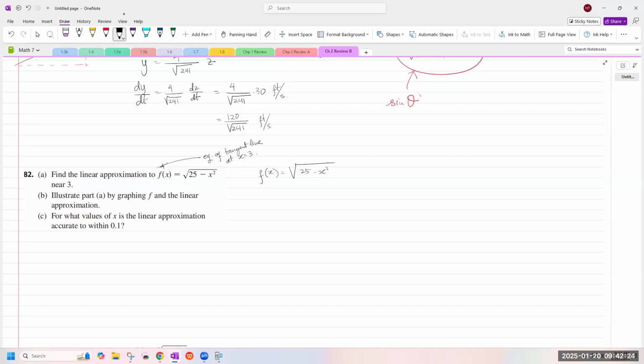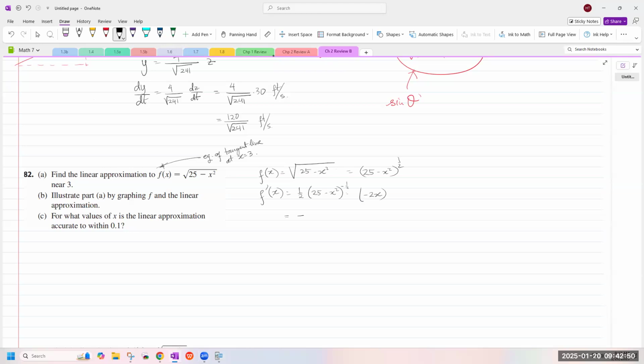So f prime of x equals 1/2 times 25 minus x squared to the power of negative 1/2, times the derivative of the inside, which is negative 2x.